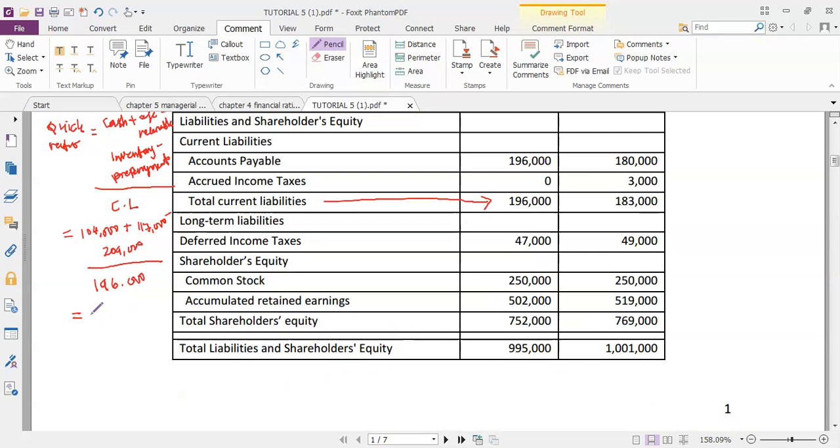Yes, that is correct. Okay, we got 0.06. Ratio to RM1. If you can see here, for the quick ratio, the current asset is very, very low compared to the liability.